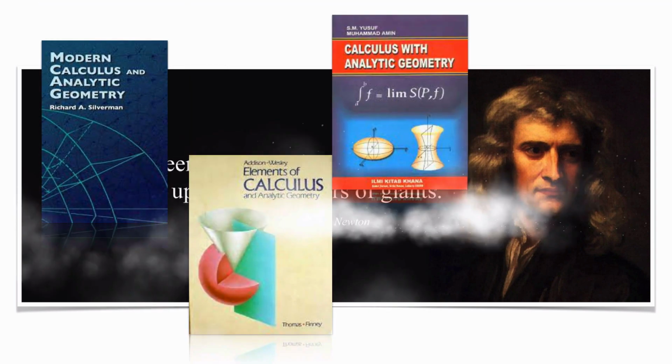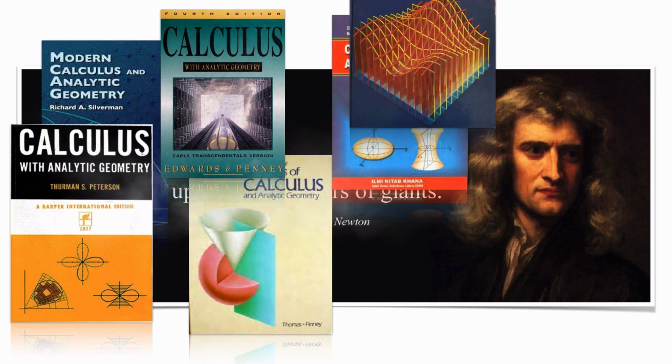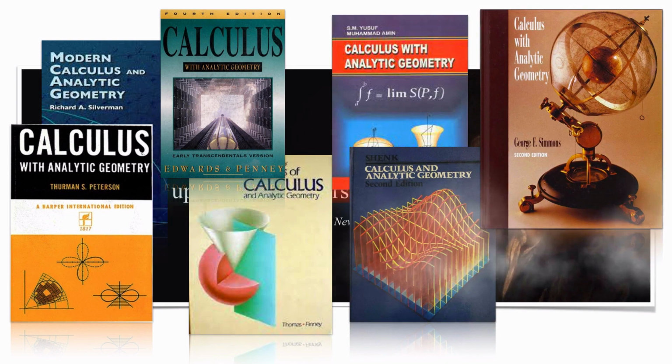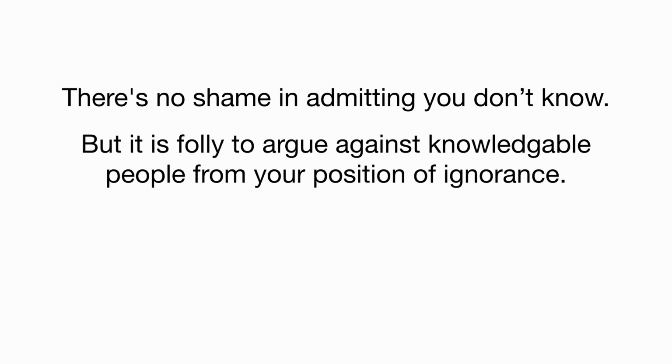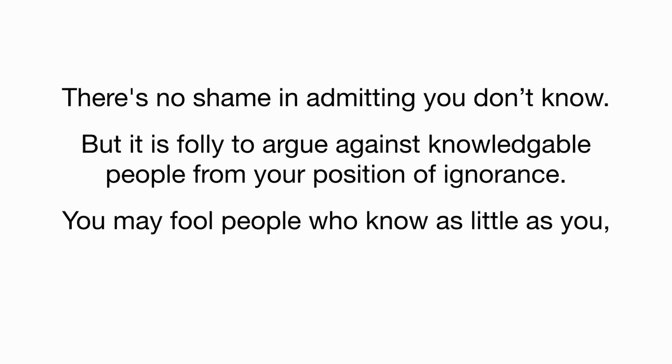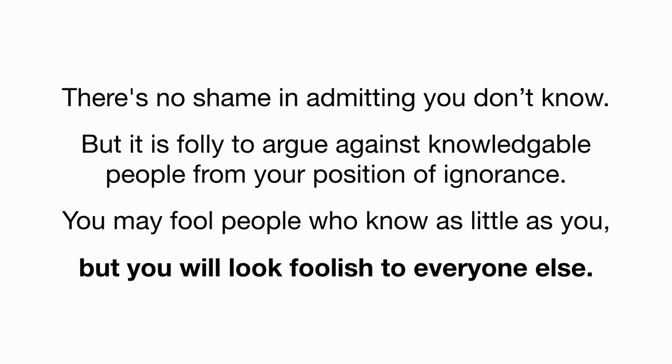Interesting, Newton is credited as being the co-founder of calculus, and it's hard to find a calculus text that doesn't include analytic geometry. There's no shame in admitting you don't know, but it is folly to argue against knowledgeable people from your position of ignorance. You may fool people who know as little as you, but you will look foolish to everyone else.